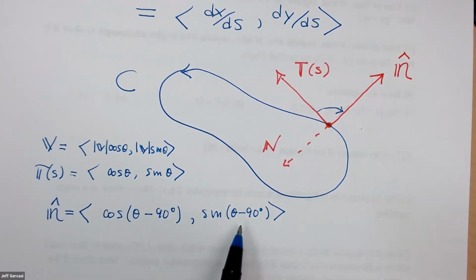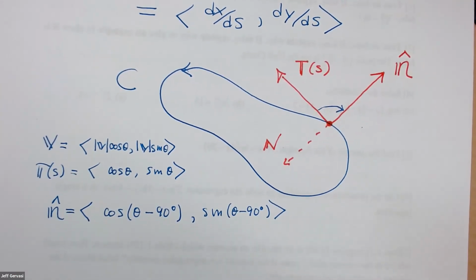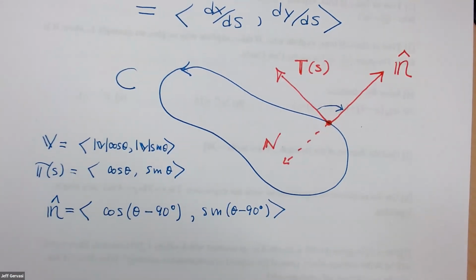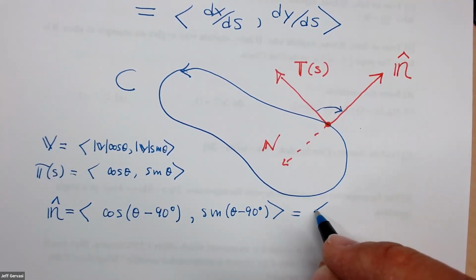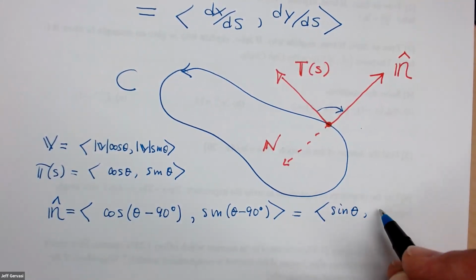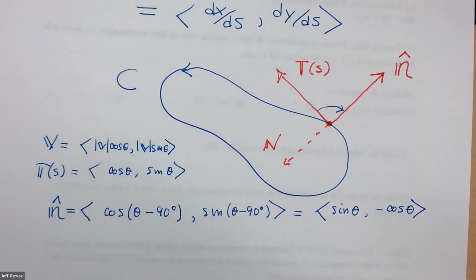And then sine of theta minus 90, you're taking the sine function and you're shifting it pi over 2 radians to the right. What is that going to look like? That's what you're going to get.